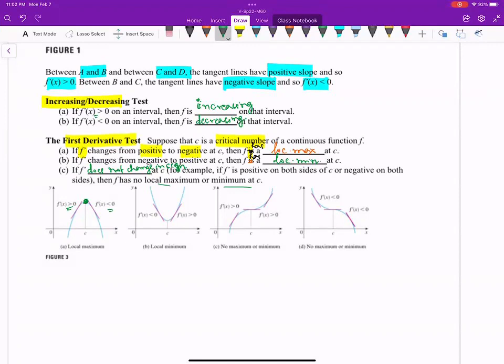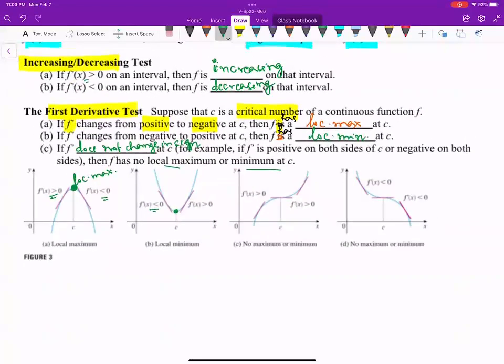Wherever the sign of the derivative changes from positive to negative, there is a local maximum point. Now, local minimum: the function decreases and then increases in this graph at c. So the derivative changes from negative to positive, then there is a local minimum. So there is a valley.